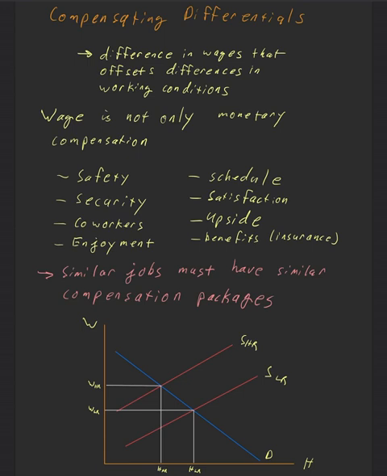If you work a very safe white-collar office job, then you're not getting a premium for the danger of the job. There are lots of examples of this, but we can think of many, many dangerous jobs, and of course those naturally pay higher.